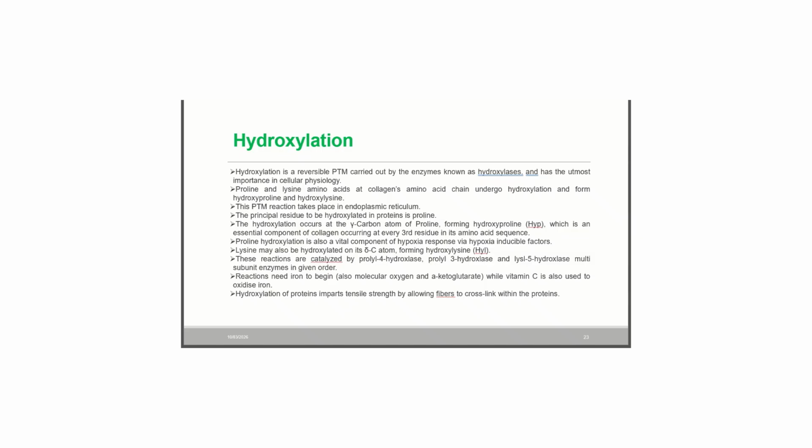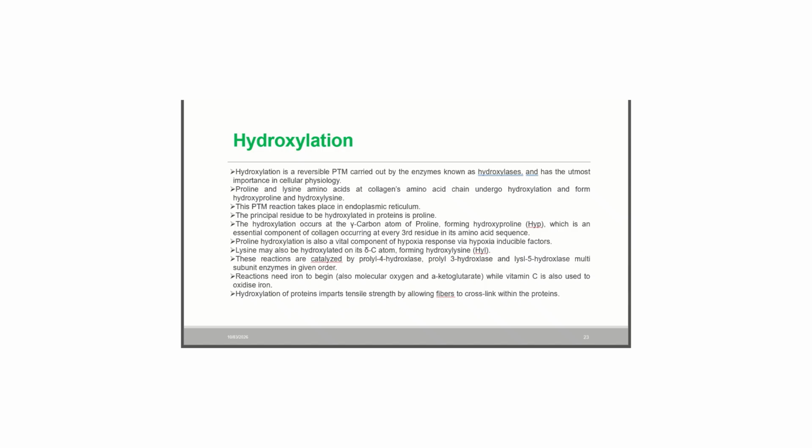Lysine is also hydroxylated at its epsilon carbon atom, forming hydroxylysine. Multiple units of hydroxylation can be added to the proline or the lysine according to the function of the protein.